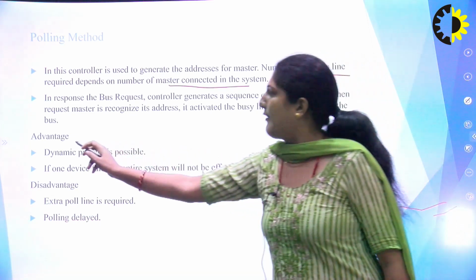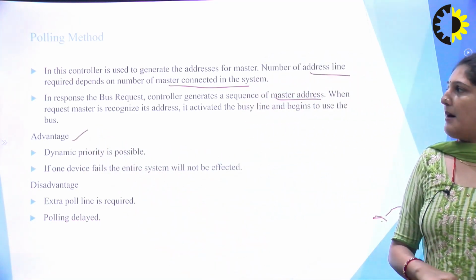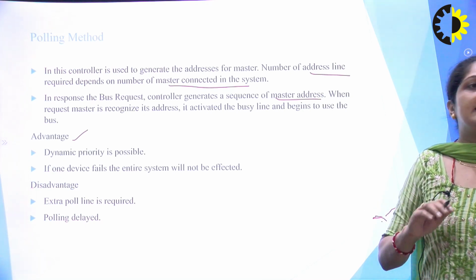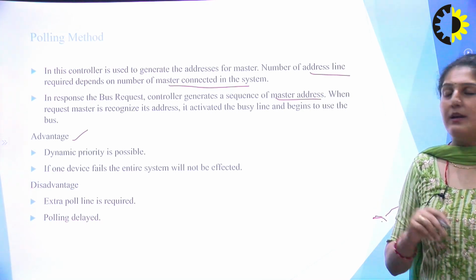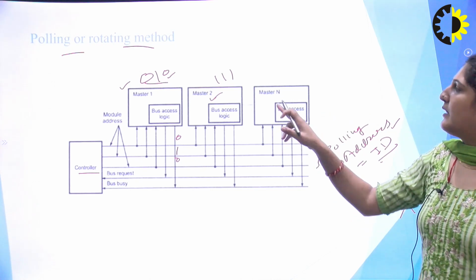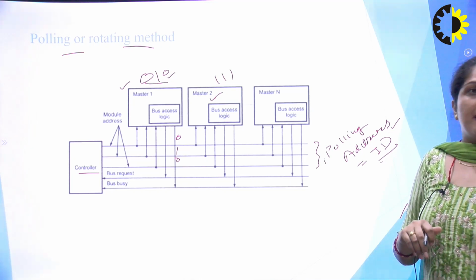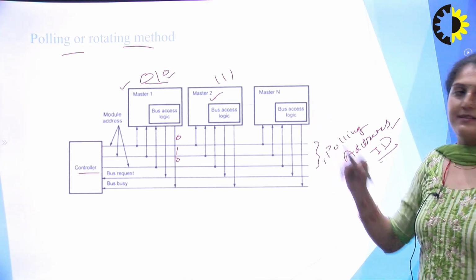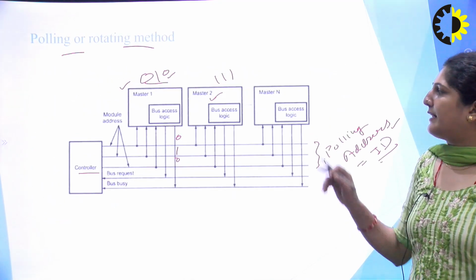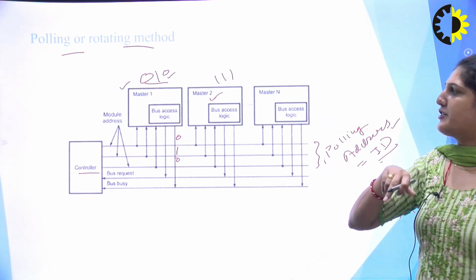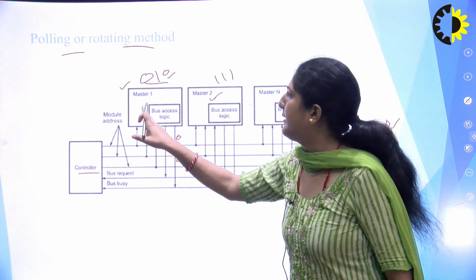So, what is the advantage of the polling method? Dynamic priority is possible. Here we have seen that the controller dynamically chooses who will become the bus master. In the previous daisy chain, only the first device could be the bus master.